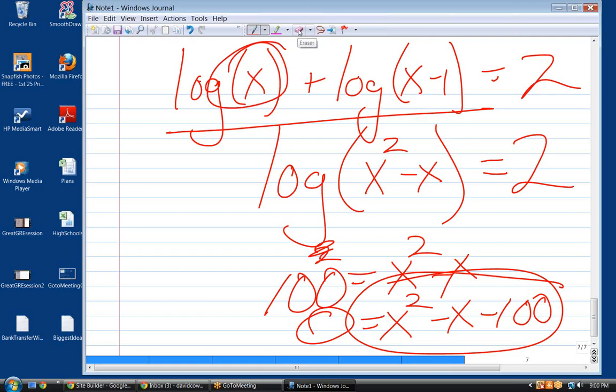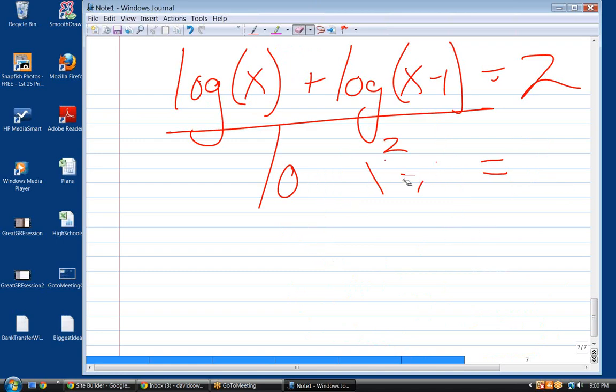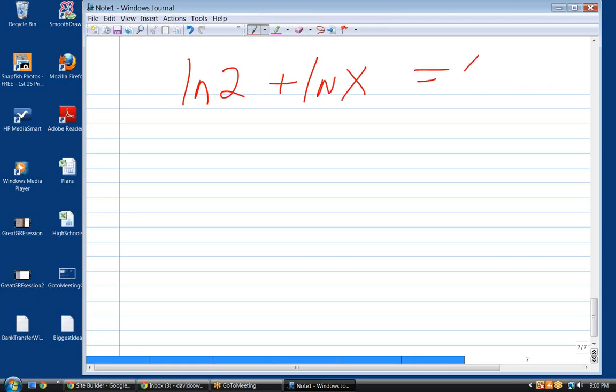So that's... Well, there is one on here that looks kind of similar. Okay, let's look at it. I'll tell you if it is. It's natural log of 2 plus natural log of x equals 4. Yeah. You're absolutely right. The way to solve this is to make one log function.